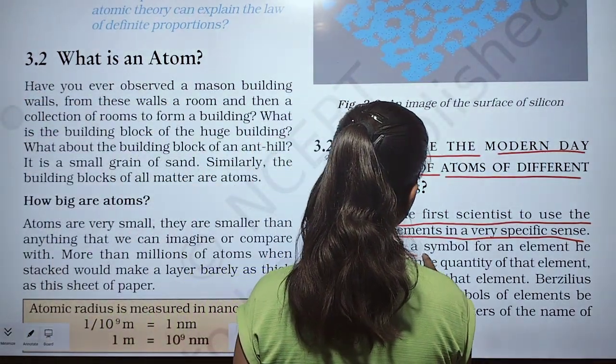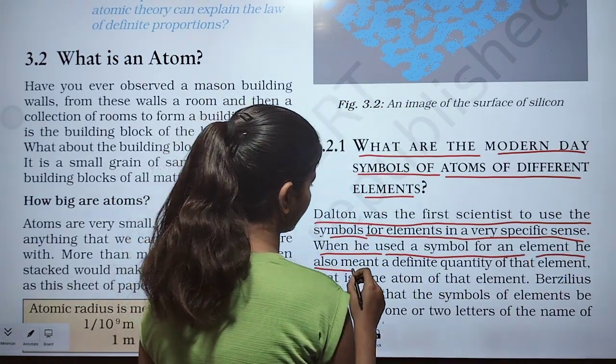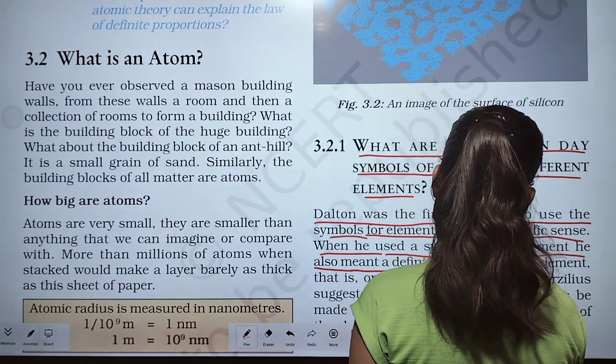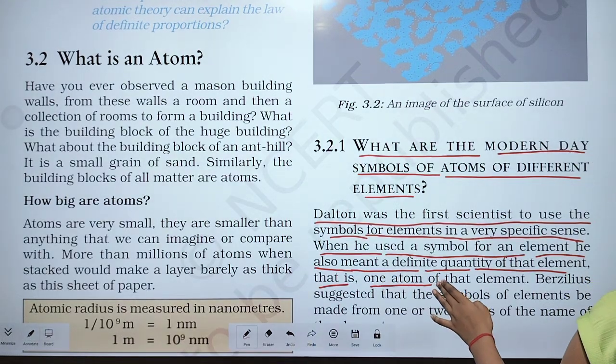When he used a symbol for an element, he also meant a definite quantity of that element, that is, one atom of the element.